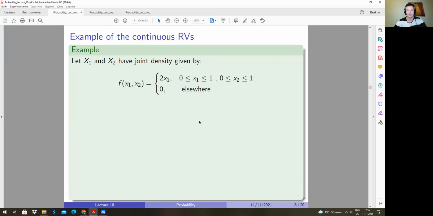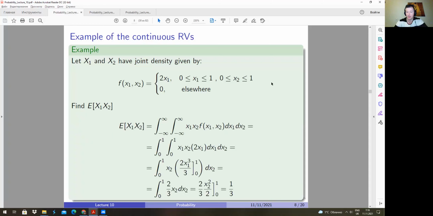So let's look at how we can do the same for the continuous random variables. Back to this same example, we have a joint density 2x1 for values of x1 and x2 between 0 and 1. And we also need to find the expectation of x1 and x2.